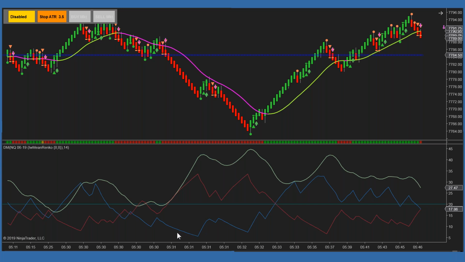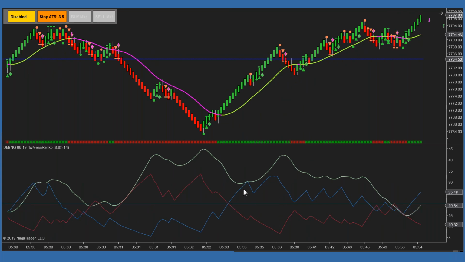You have positive forces and negative forces. I'm not going to get into the math. You can look that up on the internet if you're a mathlete and so inclined. The positive forces are illustrated by this blue line. The negative forces are illustrated by the red line.